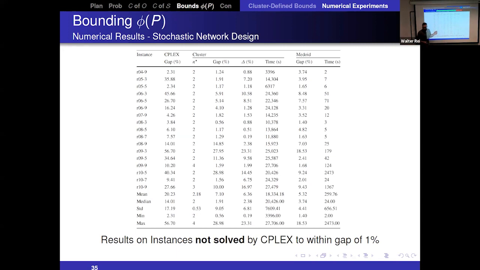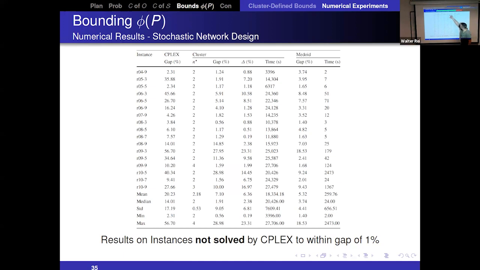So these are for the easy instances. These were the harder network design instances. Again, the runs are being compared in the same fashion. The gaps here are larger, so these were instances not solved to optimality by CPLEX. But again, the Medoid was doing a very good job. Cluster bounds was also actually doing a better job than CPLEX.